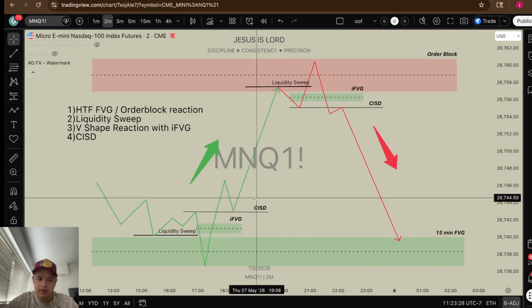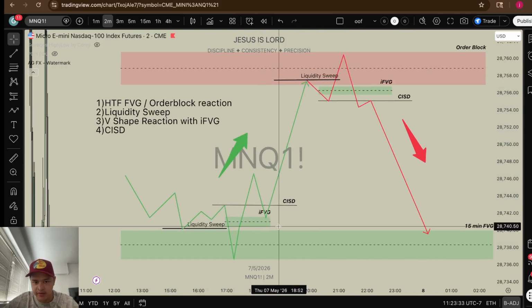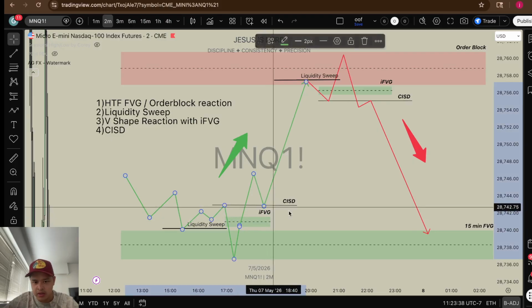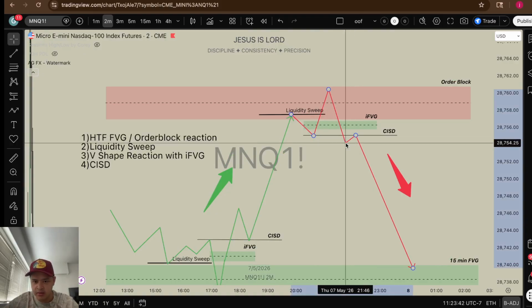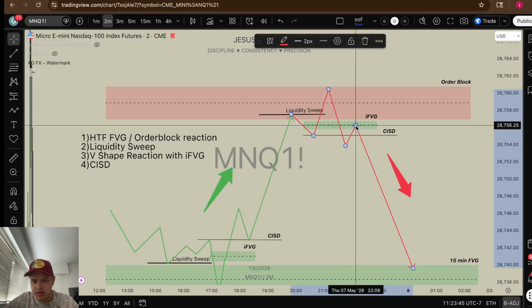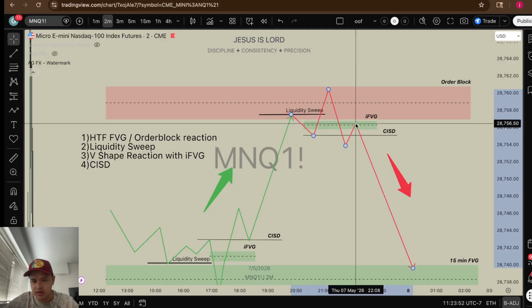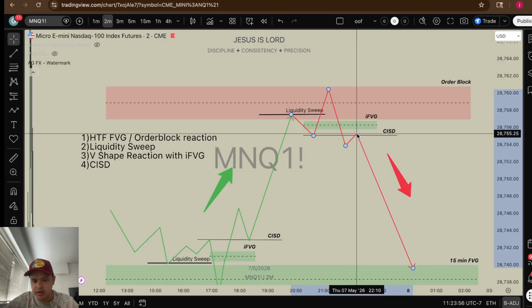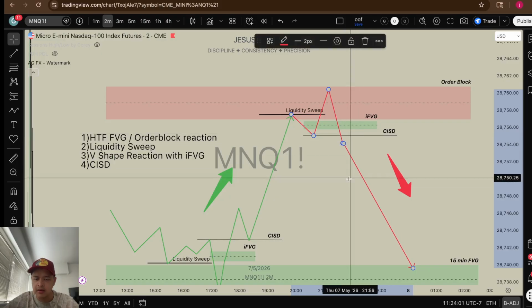Okay, we'll keep it simple because you can actually enter here at the retest of the inverse fair value gap, but you're going to miss more trades there. A lot of people's entry models enter here at the retest, but I personally enter here because you miss a lot of trades. Like I said, sometimes when price breaks CISD, it just does that.